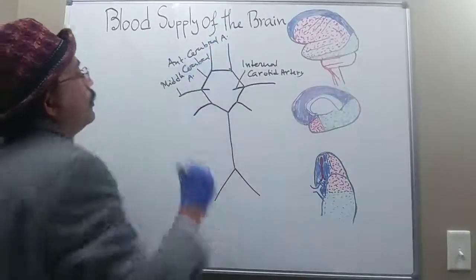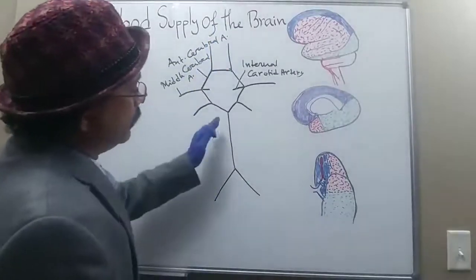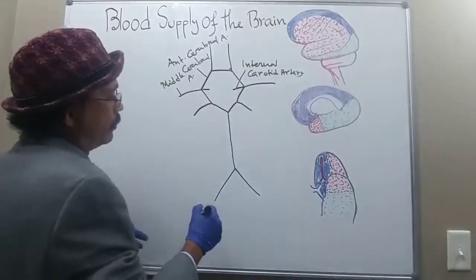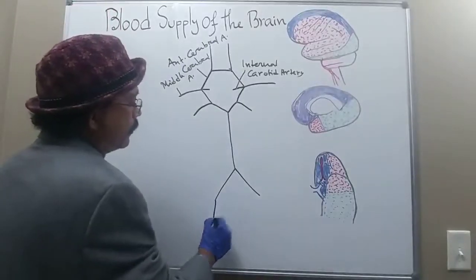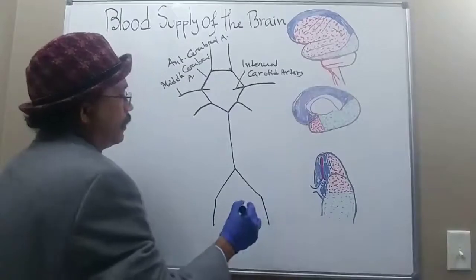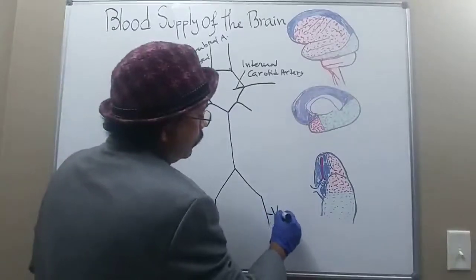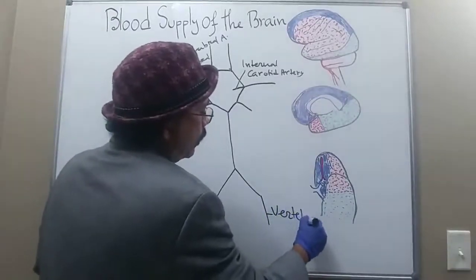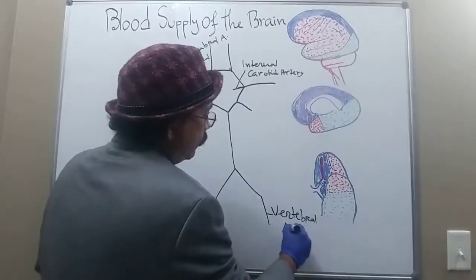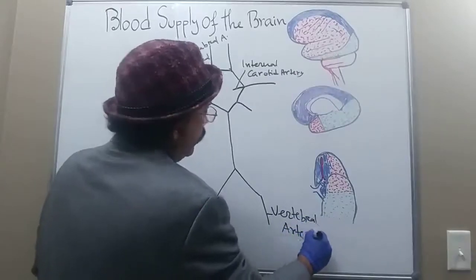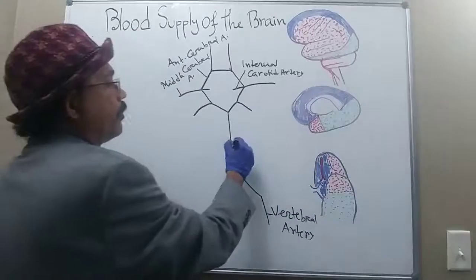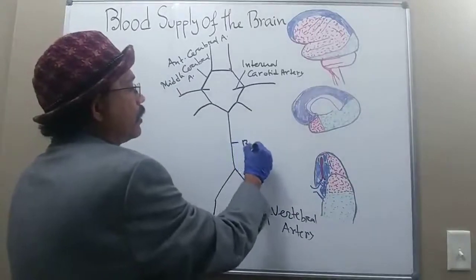We also have contribution by two vertebral arteries. These are the vertebral arteries, one on each side, and the two vertebral arteries unite to form the basilar artery.